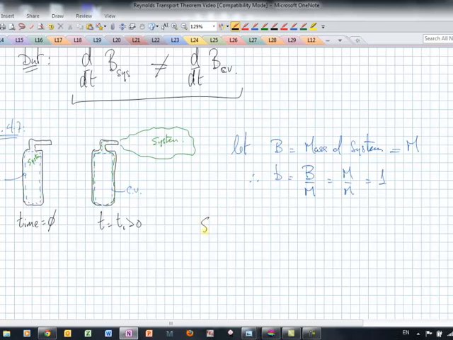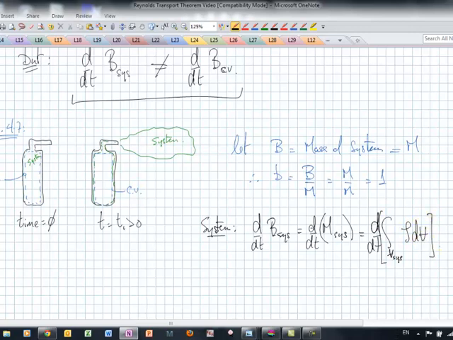For the system, remember we're interested in the rate of change of B with respect to time. d/dt of B_sys is equal to d/dt of the mass of the system. Oh, that's starting to sound good. It sounds like a law that we've talked about before. It is equal to d/dt of the integral over the volume of the system of rho dV.